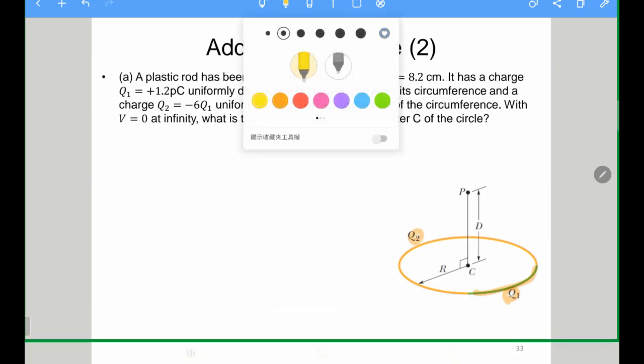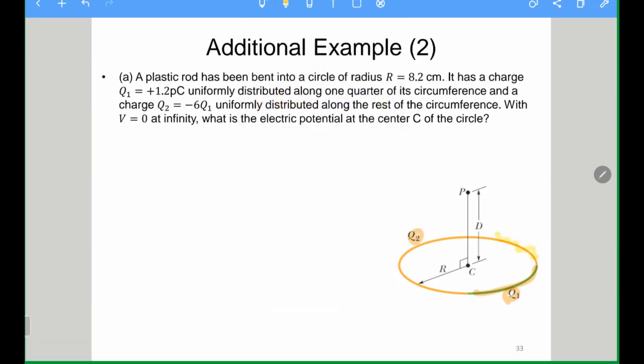Maybe I use yellow for this part. So with V equals 0 at infinity, what is the electric potential at center C of the circle? Actually this point.